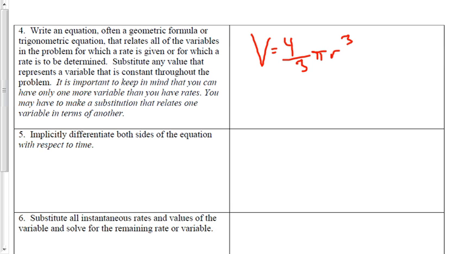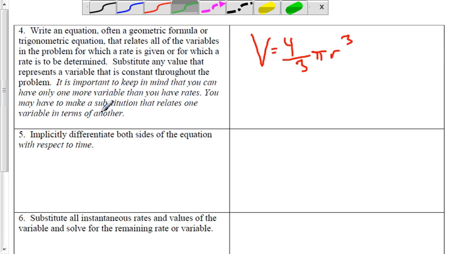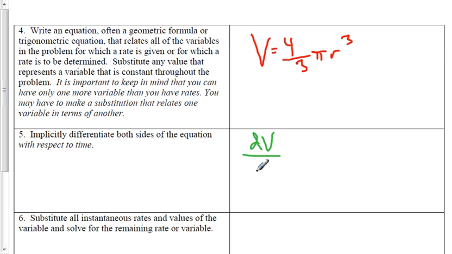Now once we have the equation, we want to differentiate both sides. We're going to implicitly differentiate both sides, and we did this one already. The derivative of V is just 1, but then it's going to be dV/dt. Pi is constant, so we take this power, multiply it, 4/3 times 3 is just 4. So we have 4 pi r squared, going down 1 power, and then dr/dt.